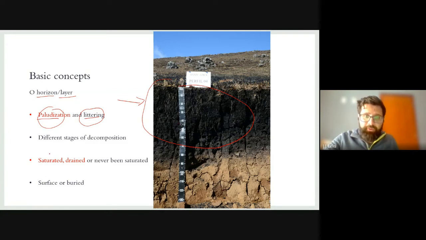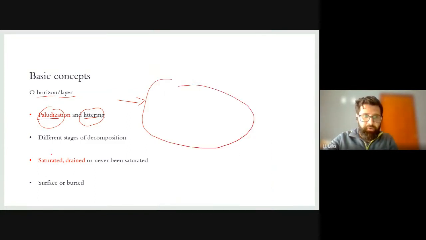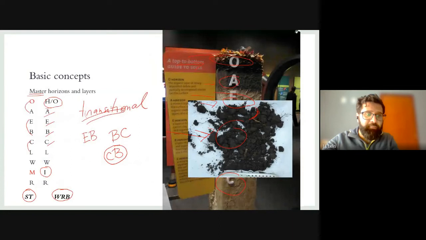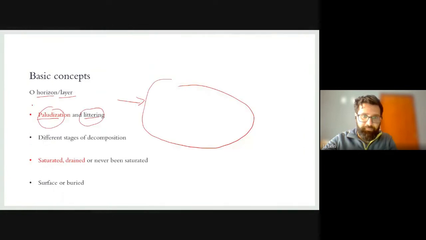According to the World Reference Base, according to WRB, we have the H horizon and the O horizon. These two horizons or two layers are just a description of this O horizon.